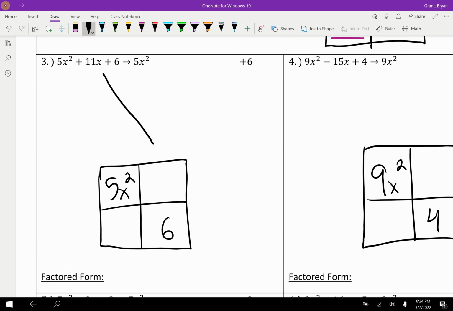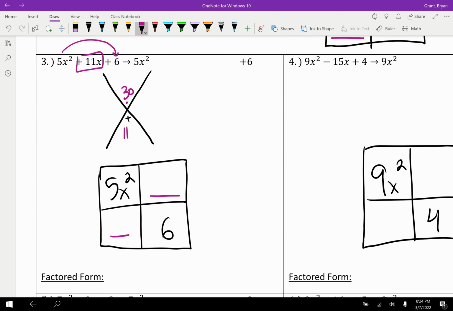They'll do an X like this, and they'll put the 11x that they want to add to, and they will multiply 5 times 6 to get 30. That's what they want to multiply to.